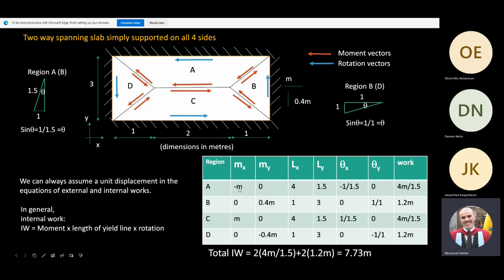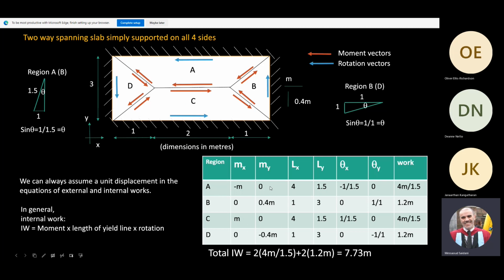So we have minus m times 4 times 1 minus 1 over 1.5 plus 0 times 1.5 times 0. So that's 0. So you are left with m times 4 times 1 over 1.5, because minus by minus is a plus. So you have 4m over 1.5. Is that clear?